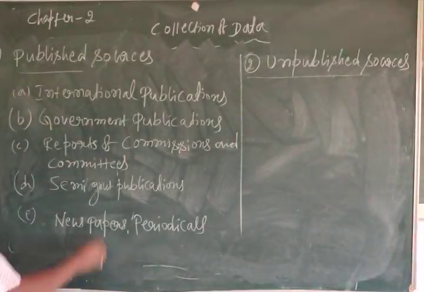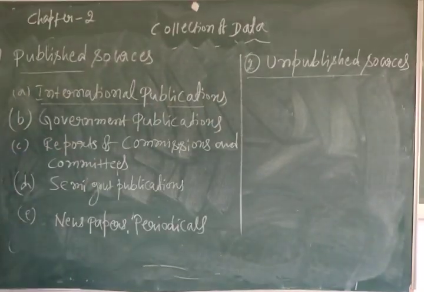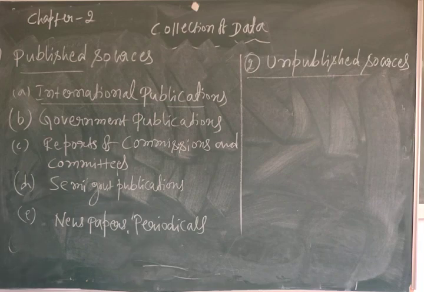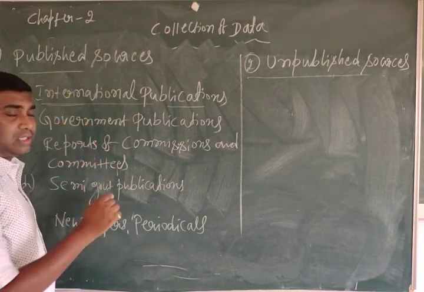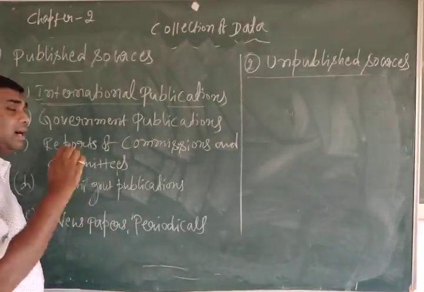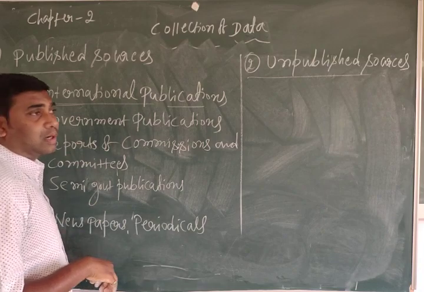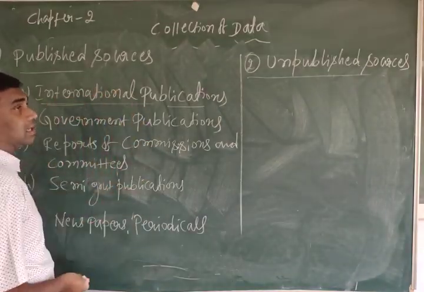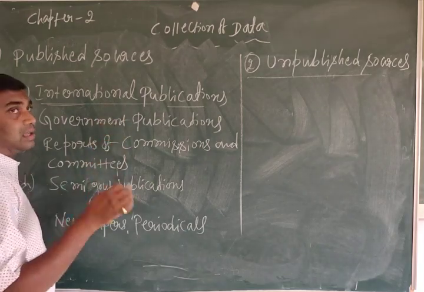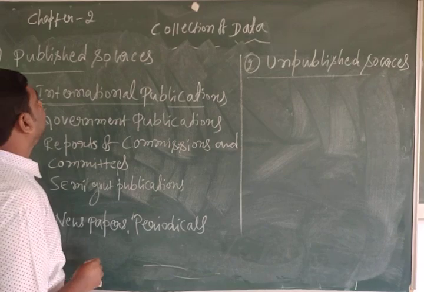Especially to know the information about countries all over the world, we can get it through international publications. These are already published by others. Through that we can understand what is going on, and other countries' positions.